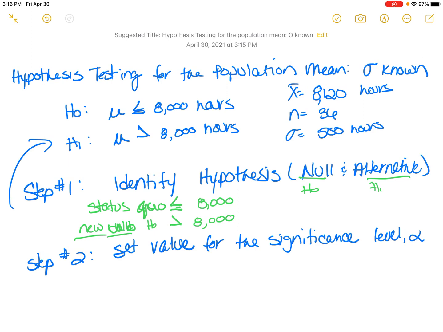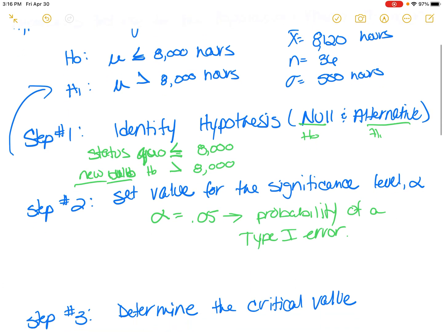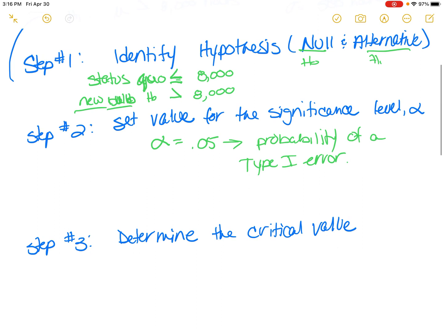In this particular situation, the level of significance alpha is equal to 0.05, the probability of a type 1 error. I did not go over type 1 and type 2 errors because I think it's pretty self-explanatory. You can read that in your book.